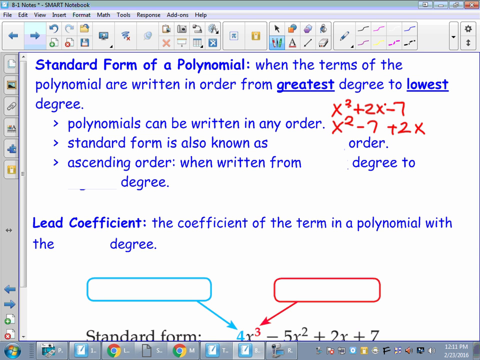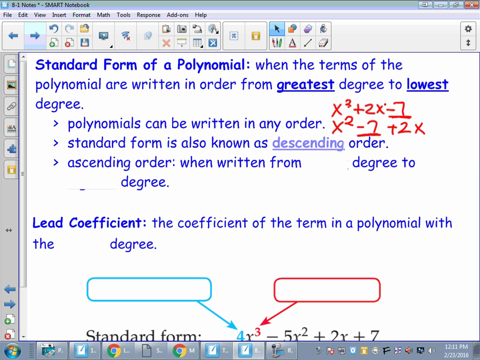Even though I switched around the 2x and the negative 7, they're the same polynomial. Now, if I asked it to be written in a certain order, it would have to be in that order. But if you're just giving an answer and they didn't state what order it had to be in, they're both okay, as long as the sign follows. So if you notice, 7 is negative in the first writing, and so is 7 is negative in the second. So as long as you keep everything consistent, it's fine.